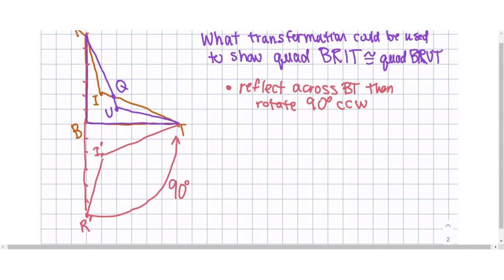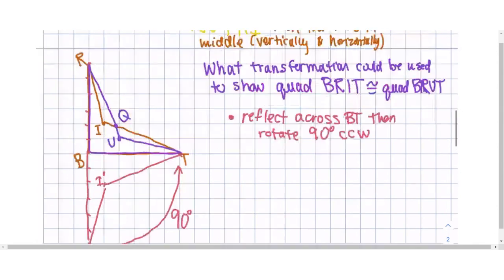Dylan and Brendan, you both talked about reflection. So what could you just simply reflect it about? There's one reflection that will do the whole trick. Can you see it? Chelsea's getting it. Amaya's getting it.